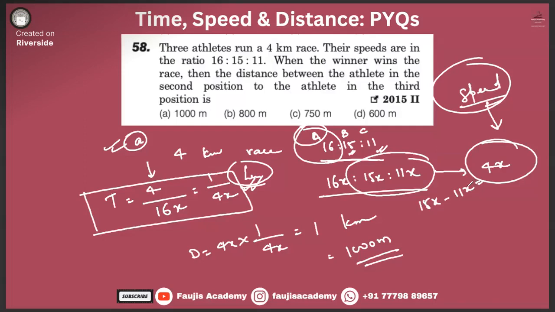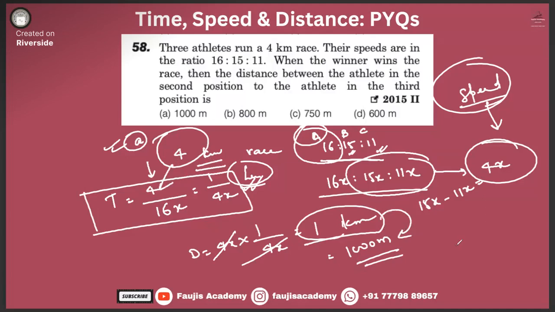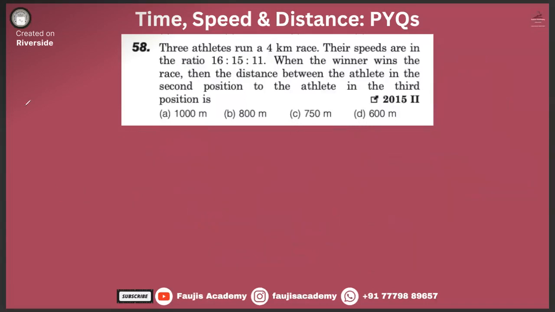We don't know whether the unit is km/h, meters per second or whatnot. So this is your 4x, multiplied by 1 by 4x. We were working with the kilometer unit itself, so we have just changed it to meters. That is 1000 meters.